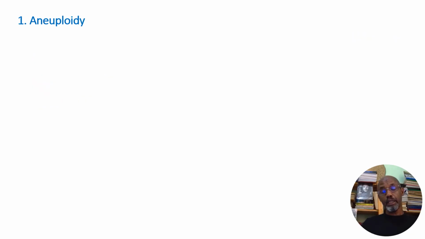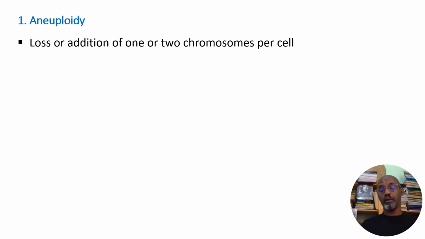In short, aneuploidy is when it involves number change, loss or addition of one or two chromosomes per cell. You see, each cell in an individual may have one extra chromosome or one deficiency of chromosomes, or two maximum.